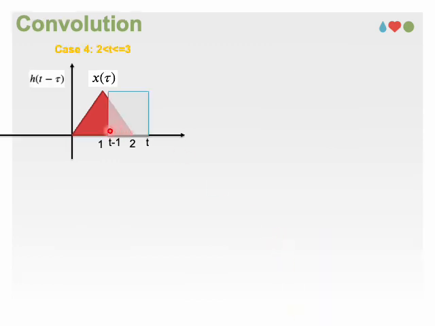In the fourth case, t varies between 2 and 3, and there is an overlap between x(tau) and h(t minus tau) in the interval t minus 1 and 2. h(t minus tau) is equal to 1 and x(tau) is set to 2 minus tau in this interval.